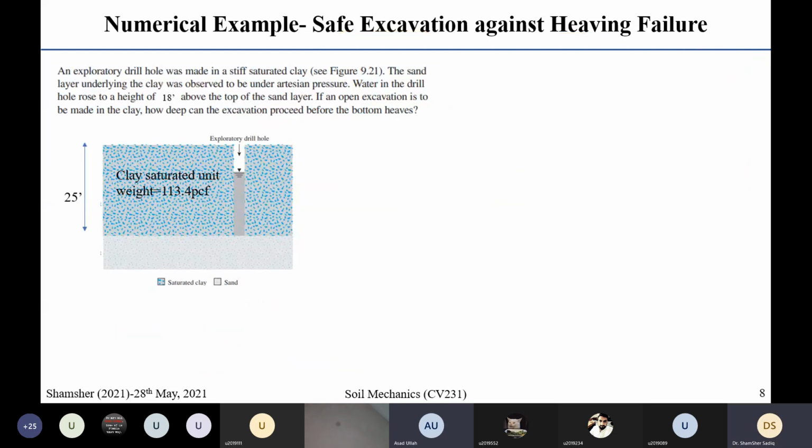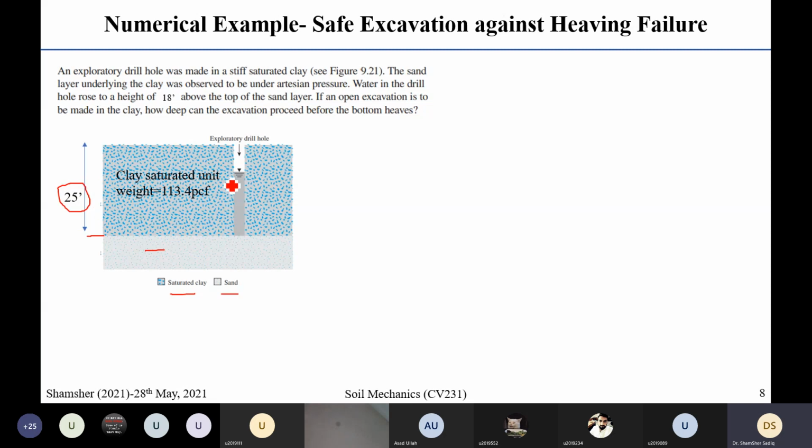Okay, so let us see another problem. This is the same problem which I solved in my previous slide. They drilled a borehole, and the borehole says in 25 feet there is clay, and below 25 feet there is gravel or sand, which has a very high permeability, and the groundwater table is in the sand or gravel.